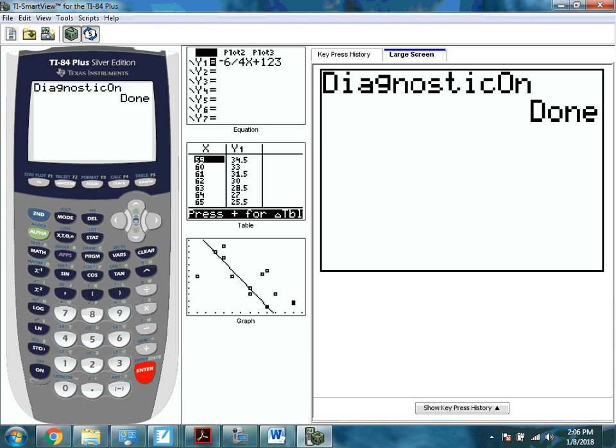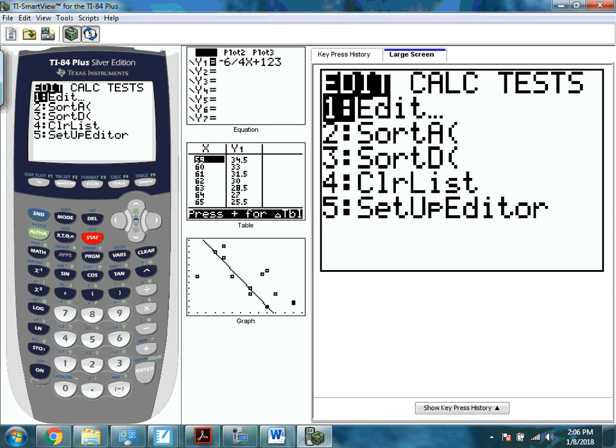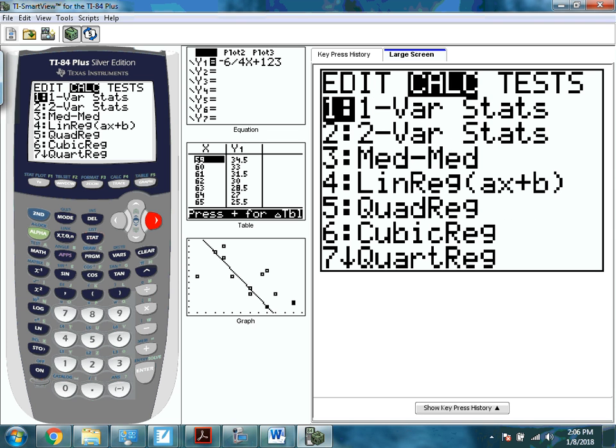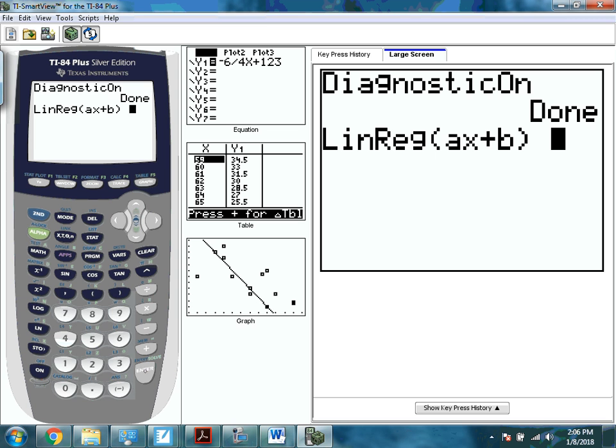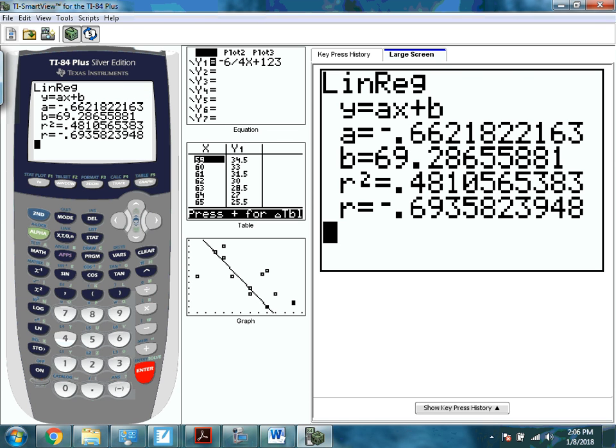Okay, now I want you to do the process again to calculate the best fit line. Press stat. I pressed that. Go to calculate. Remember which one it was? 4. And then enter. And then enter. Oh, I get R. Oh my gosh, I have R.